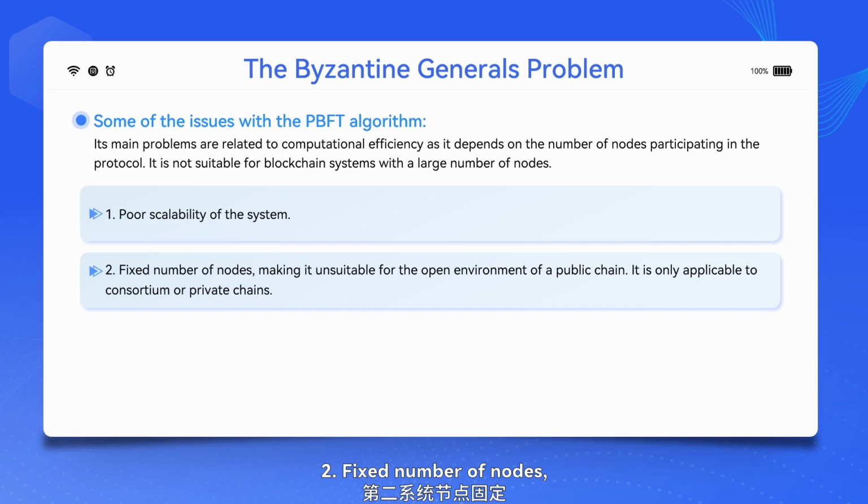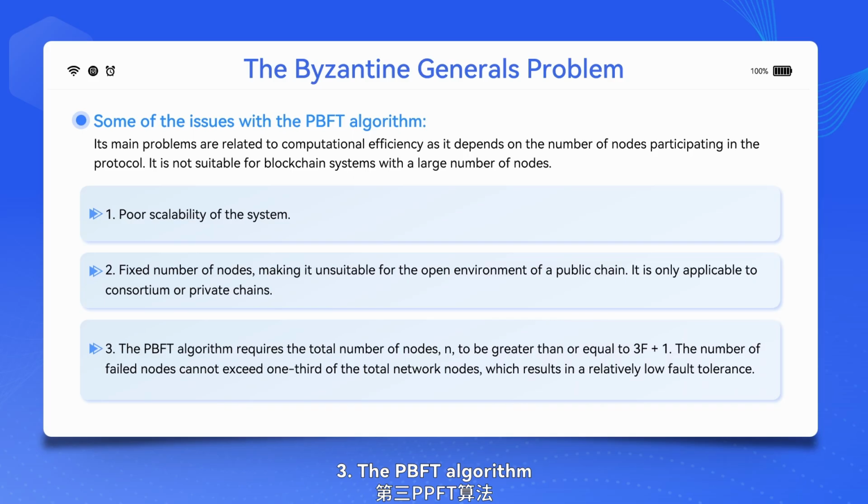Fixed number of nodes, making it unsuitable for the open environment of a public chain. It is only applicable to consortium or private chains. 3. The PBFT algorithm requires the total number of nodes, n, to be greater than or equal to 3f+1. The number of failed nodes cannot exceed 1/3 of the total network nodes, which results in a relatively low fault tolerance.